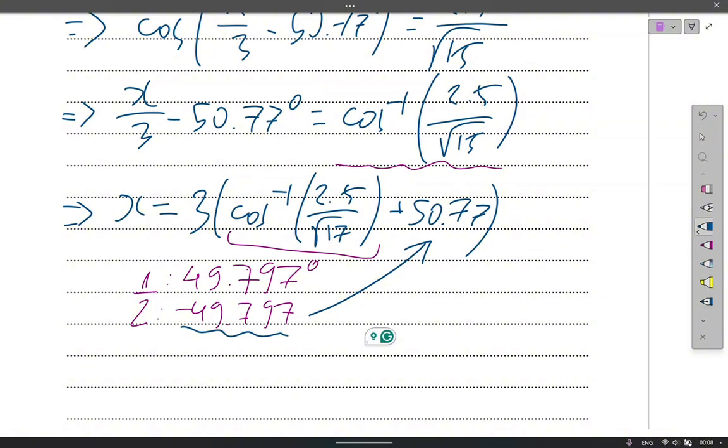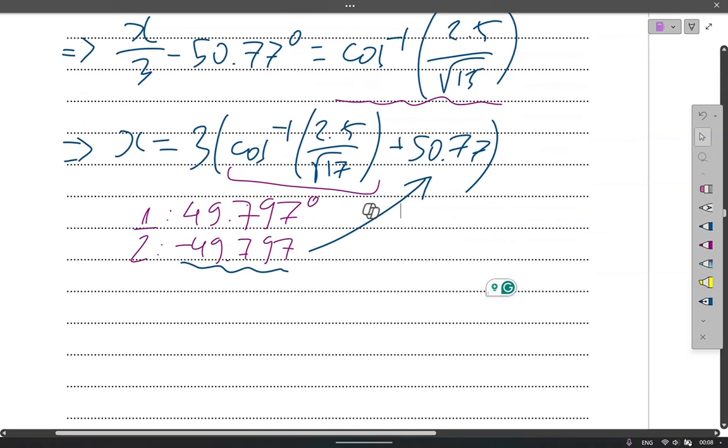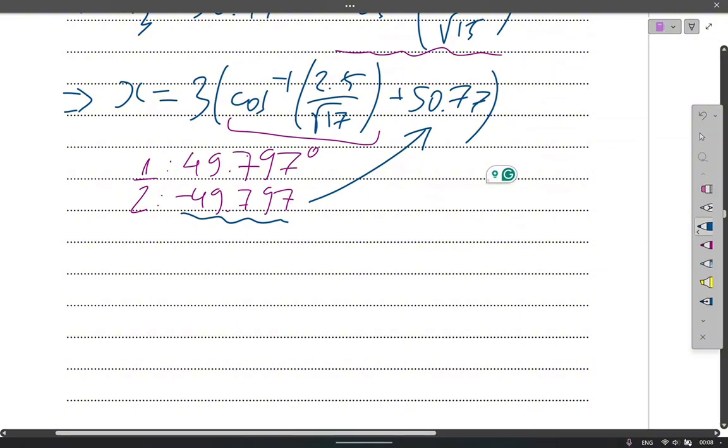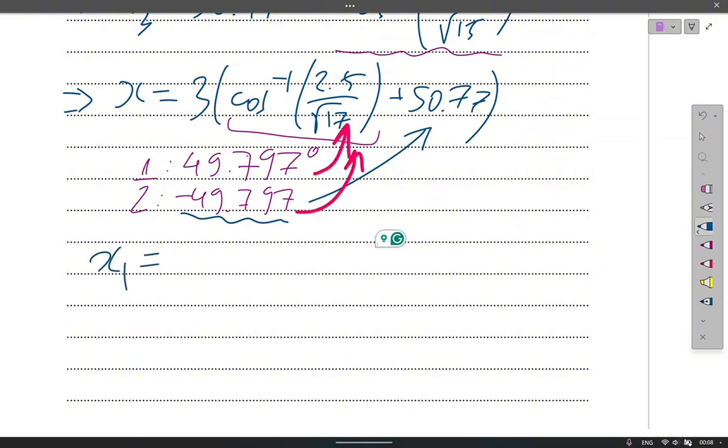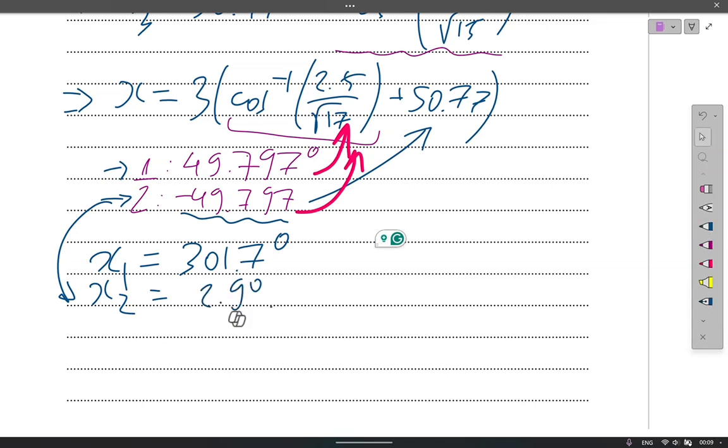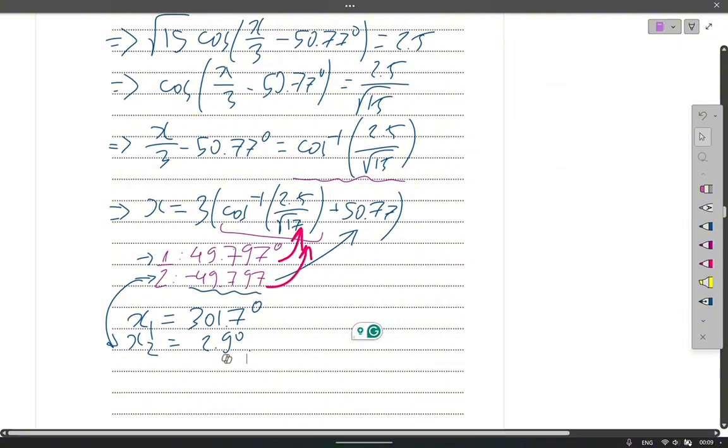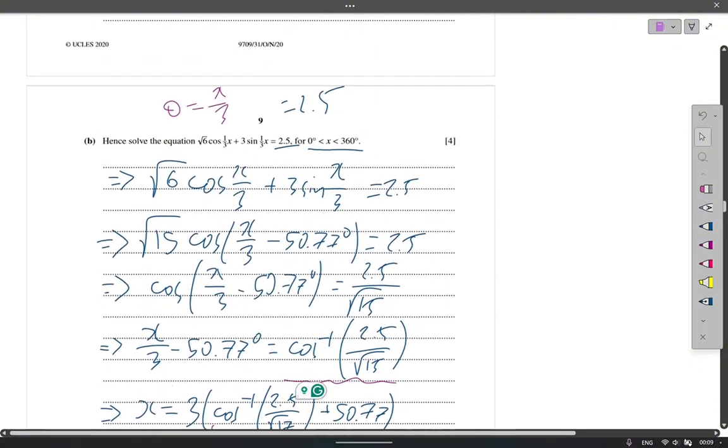So in this case, the second case actually can give us a positive value in between our interval. So the x1, if we consider case 1 here, it gives us this value. In the x2, it is just 2.9 degrees. And there we have it, our two solutions for this equation.